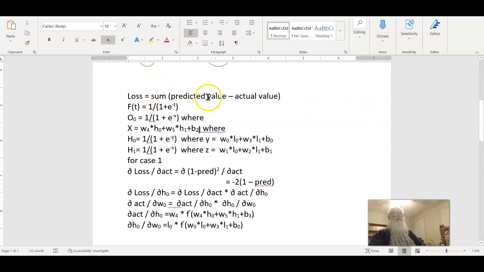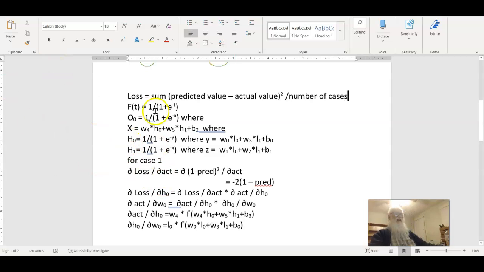The loss is the sum of the predicted value minus the actual value, and actually we should be squaring these, and then dividing by the number of cases.